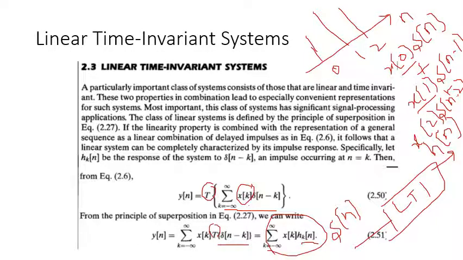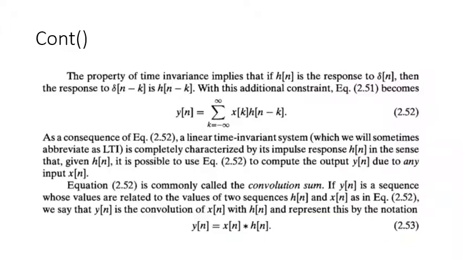So this transformation will become this. We got this formula of convolution, the convolution sum. So we have the scaling, and then we have this response h of n minus k, which we get from delta of n minus k.